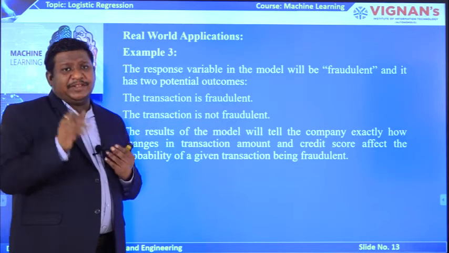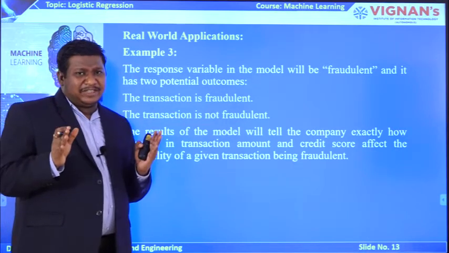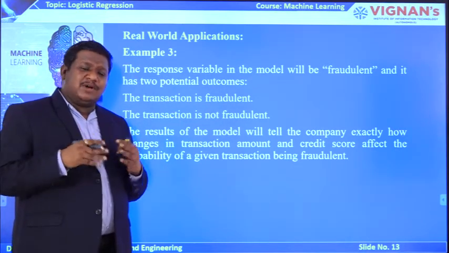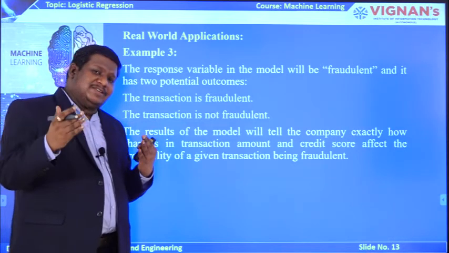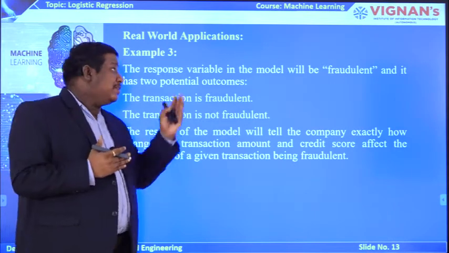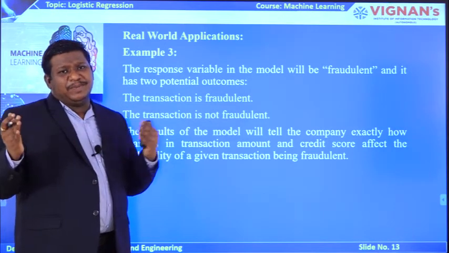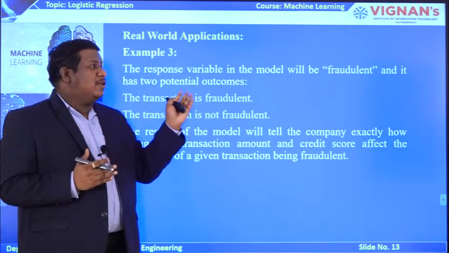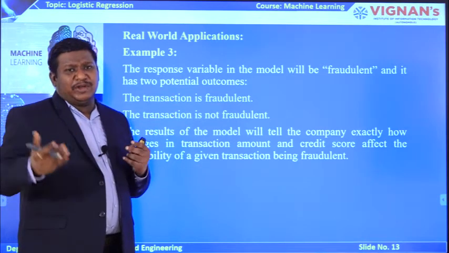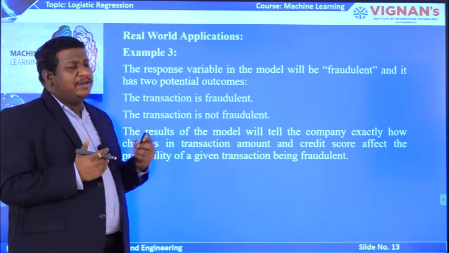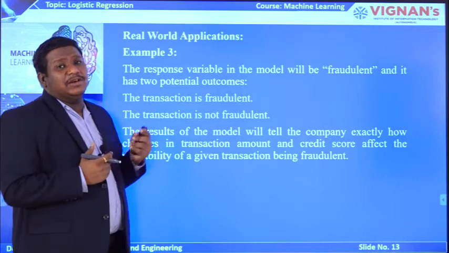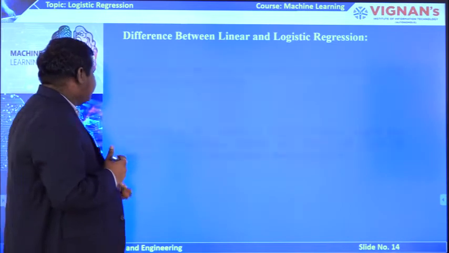Whatever real world problem we take, if the answer has two outputs, maybe or may not be, yes or no, like this binary values, you have to use logistic regression. That is the understanding we have to keep in mind whenever we are working with logistic regression models.